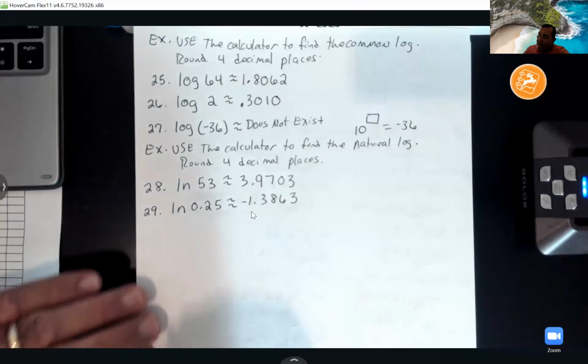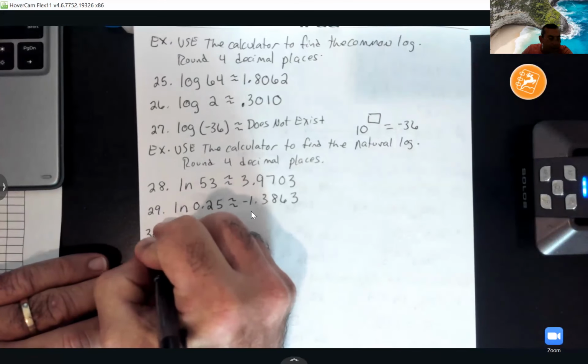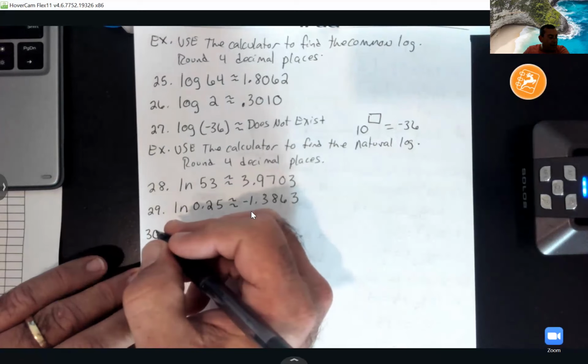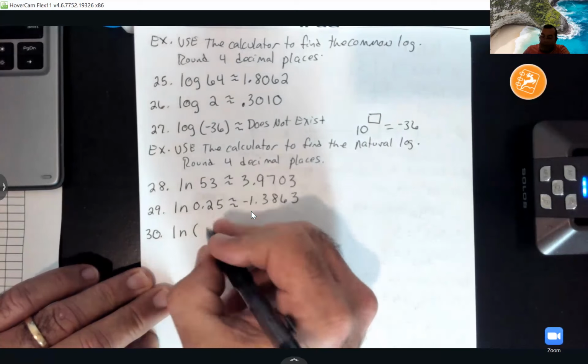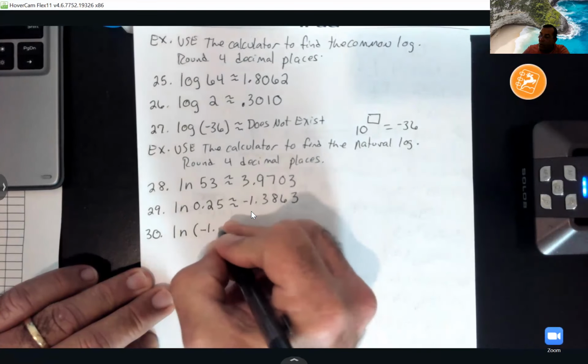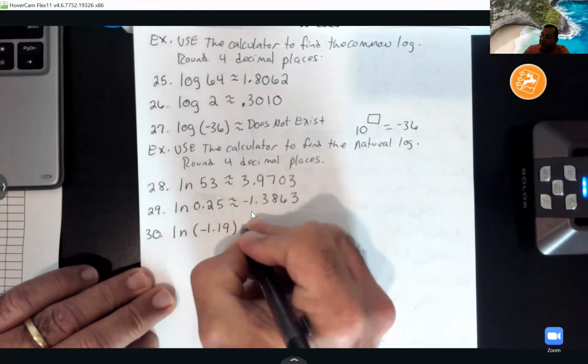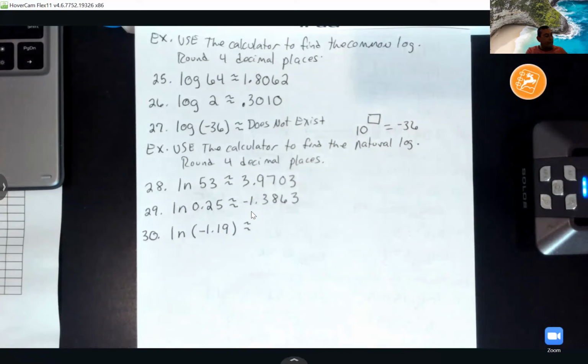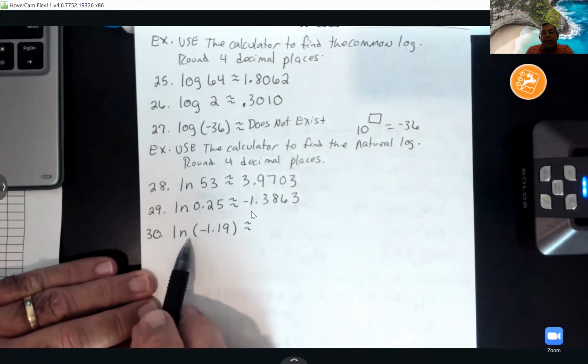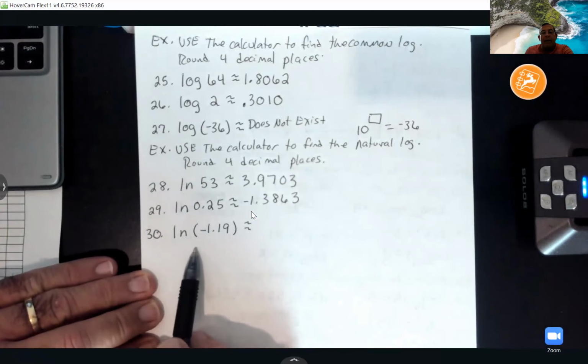Okay, so one more of those, I think. Let's see. 30 is the ln of a negative 1.19. All right, remember, this is a log base e. But guess what?